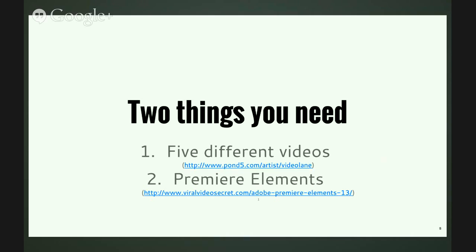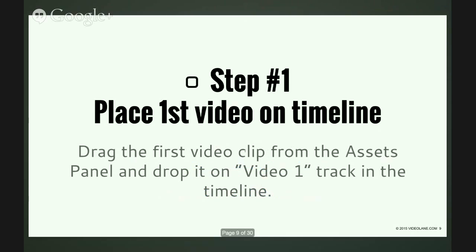And if you don't have Premiere Elements, you can go here and get it. Don't bother copying this down because you can go to my webpage to download these materials that you are looking at right now. I'll show you the URL later on. In the meantime, let's continue.